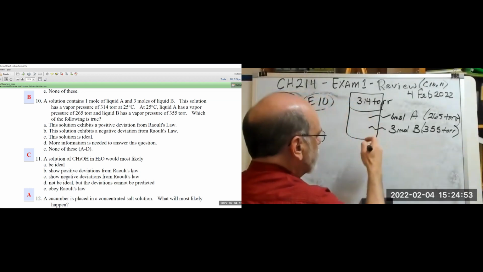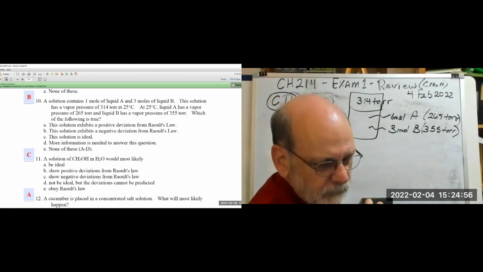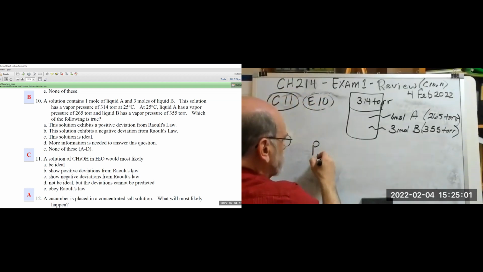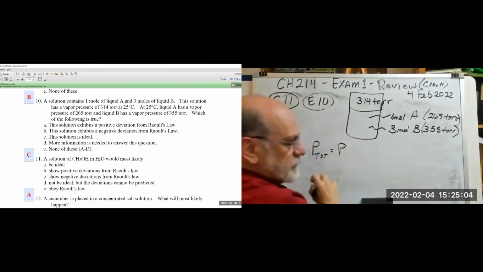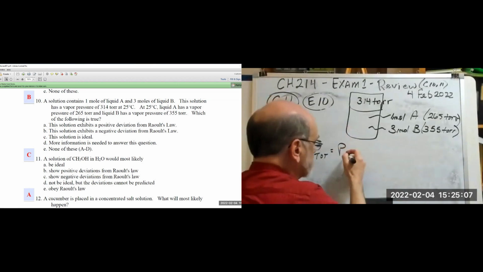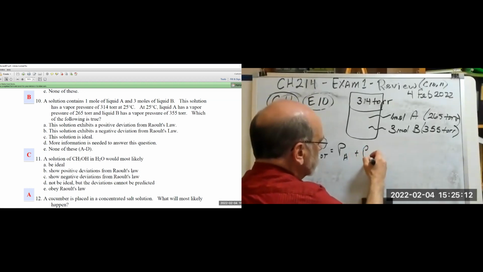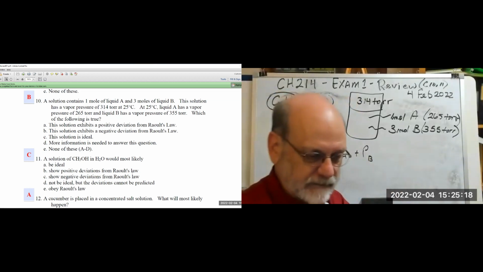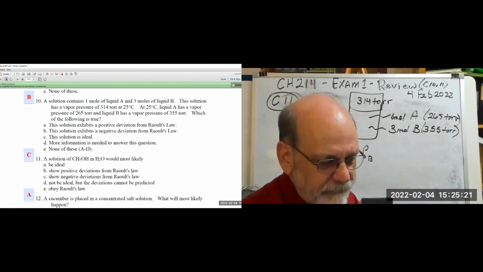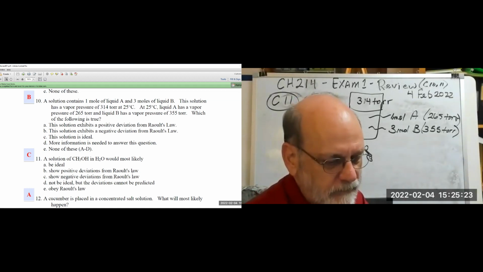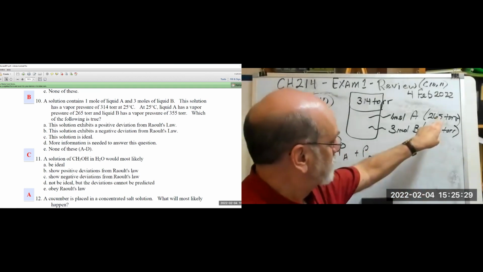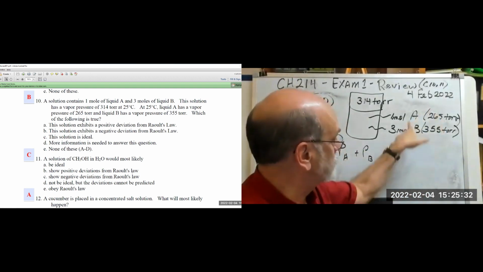The total pressure above the solution is equal to, this is Dalton's law of partial pressures first, the partial pressure of A plus the partial pressure of B. Right, that's in solution. And the individual pressures are due to these pure pressures times the mole fractions of each one of those.